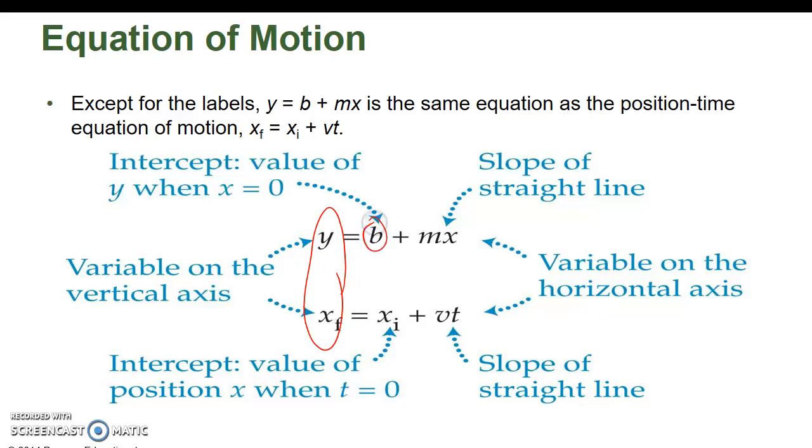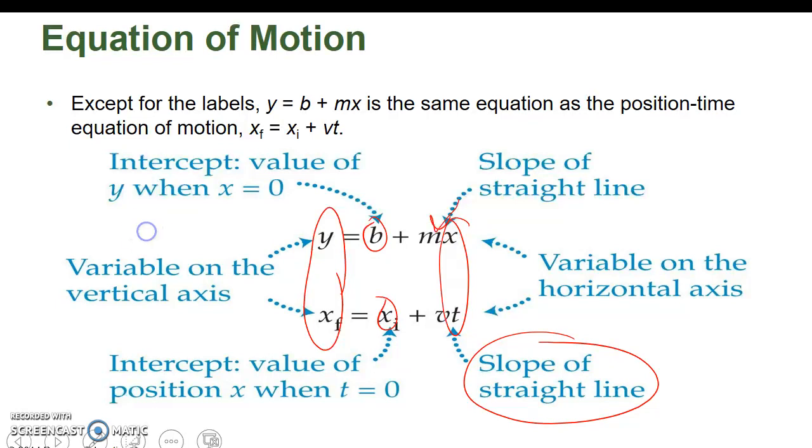B is the intercept of the y when x is 0. That is our initial position. The slope is going to be our velocity, and then our x-axis is going to be the time. So we can use this equation the same way we use y equals mx plus b. So the slope-intercept equation and the equation of motion work together.